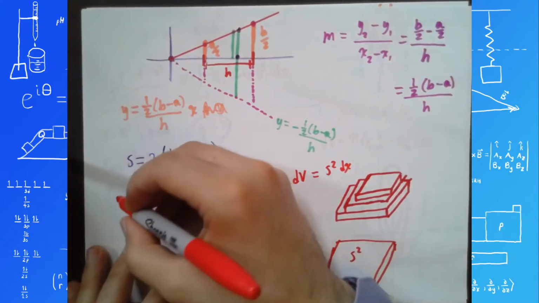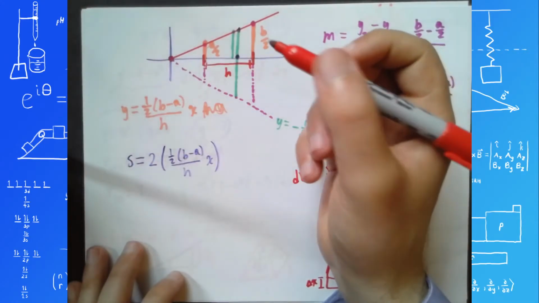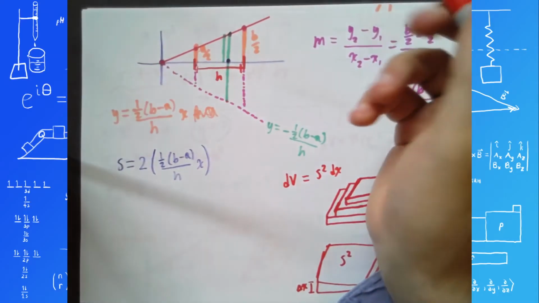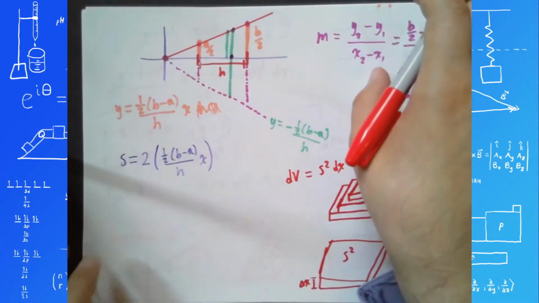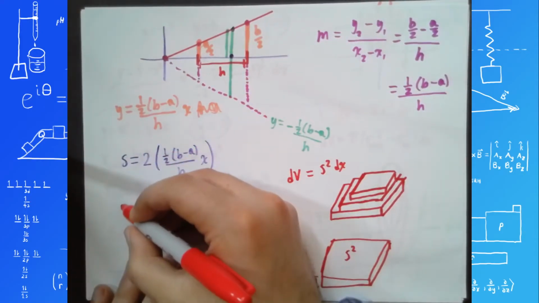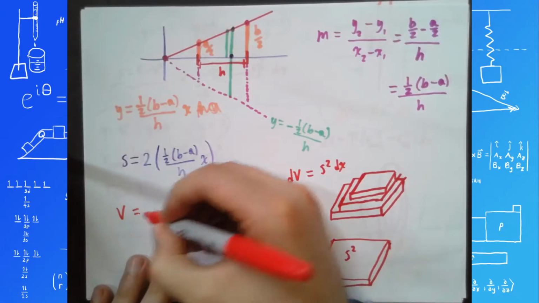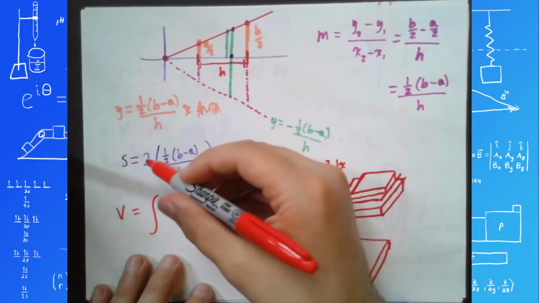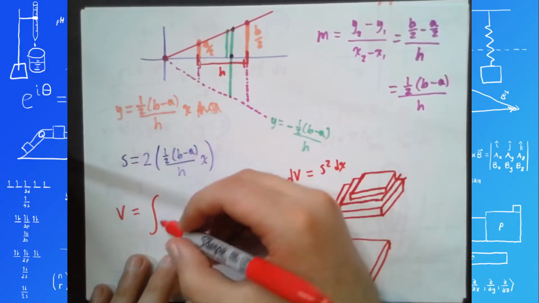Okay, so it looks like we are integrating from, I don't even know what those x values are, so I guess we need to determine those first. But we're integrating from somewhere to somewhere the square of our side length.